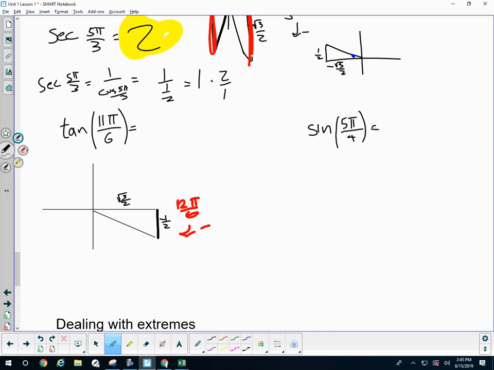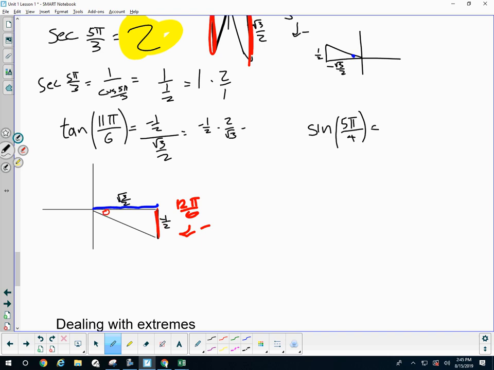Tangent, opposite over adjacent, in the unit circle, with my reference angle always being there next to the x-axis. Opposite is always vertical. Adjacent is always horizontal. So, vertical divided by horizontal. Now let's simplify this a little bit. Dividing fractions is the same as multiplying by the reciprocal of the one that we're dividing by.